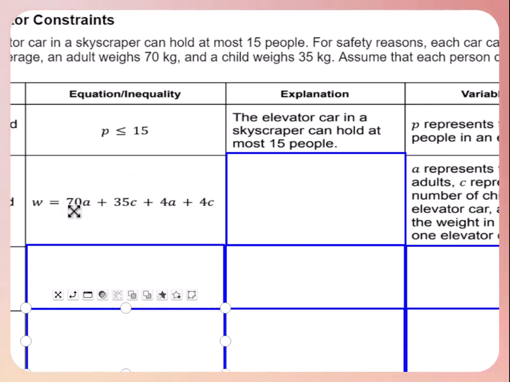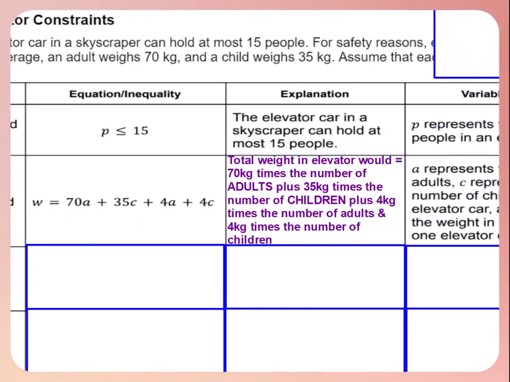So 70, because each adult weighs 70 kilograms, times A, the number of adults, plus 35, because 35 is how much a child weighs, times the number of children, I'm going to use C as that variable, plus 4 times the number of adults, because we're adding on 4 kilograms each for each adult and 4 kilograms each for each child, all of that equals the total weight.